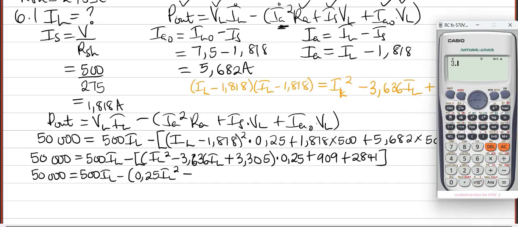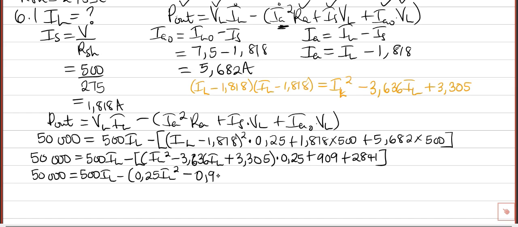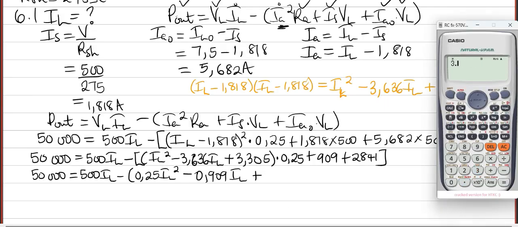So we'll have 3,636 times 0,25. We have 0,909 IL plus, this time you're saying 3,305 times 0,25.